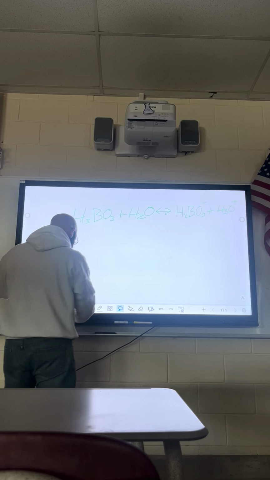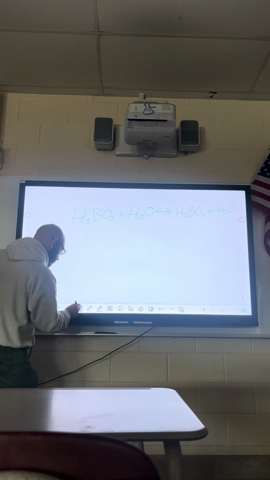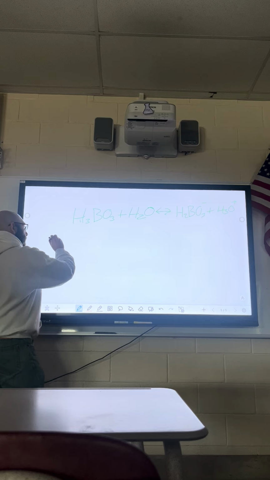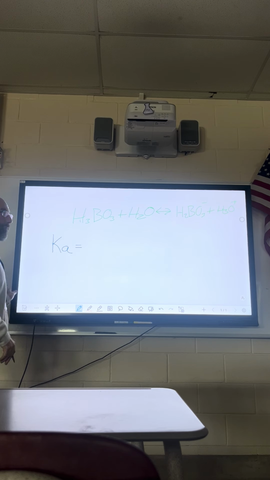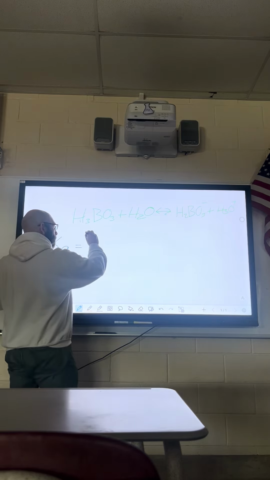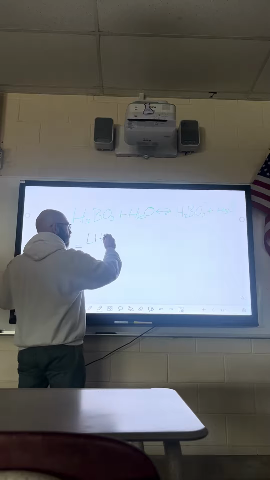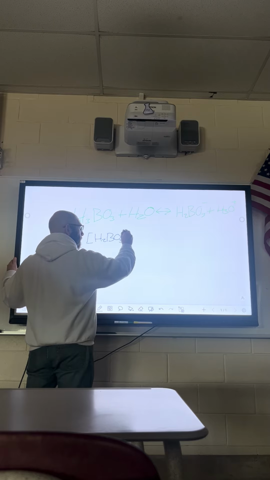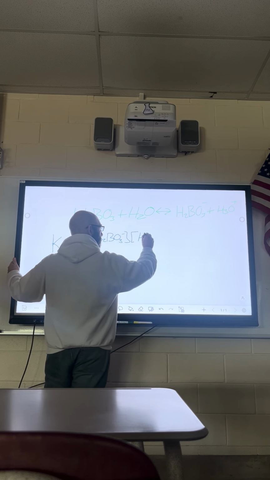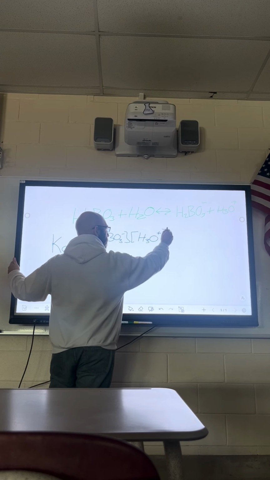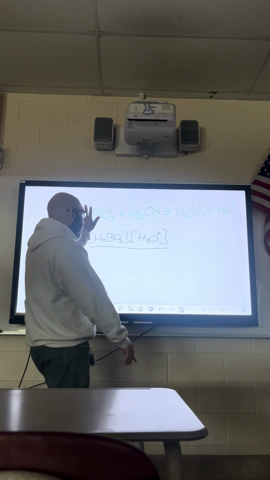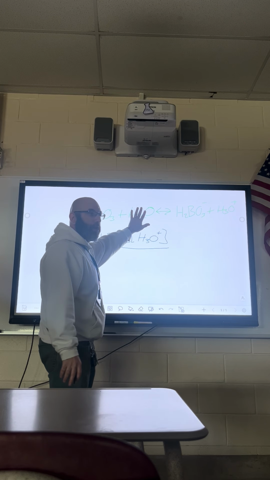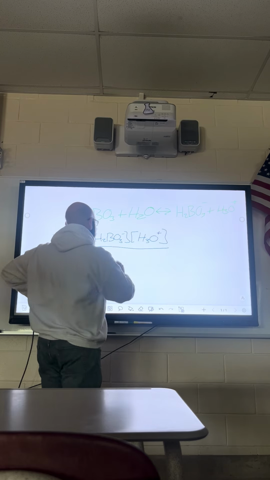I can say that Ka at equilibrium is equal to our products, which is H2BO3 minus times the hydronium ion up top. And on the bottom, the only reactant that's worthwhile is the initial acid. The H2O is irrelevant.